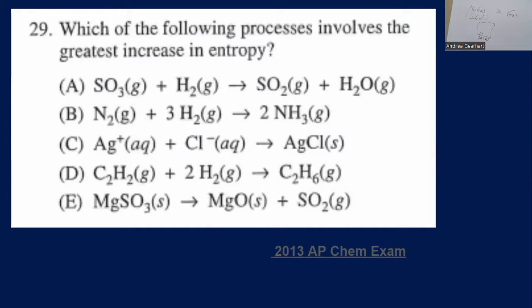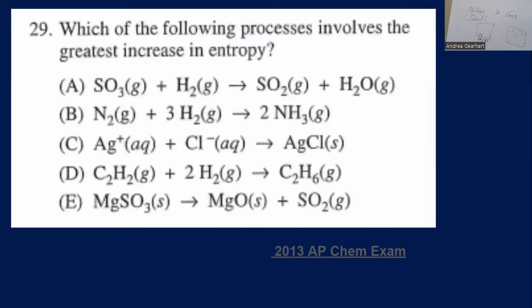It does not expand to fill the entire container, where a gas would. So if we're creating gas where we did not, or if we had gas, just more moles of gas. So I would look at the number of moles where your phases are tied.